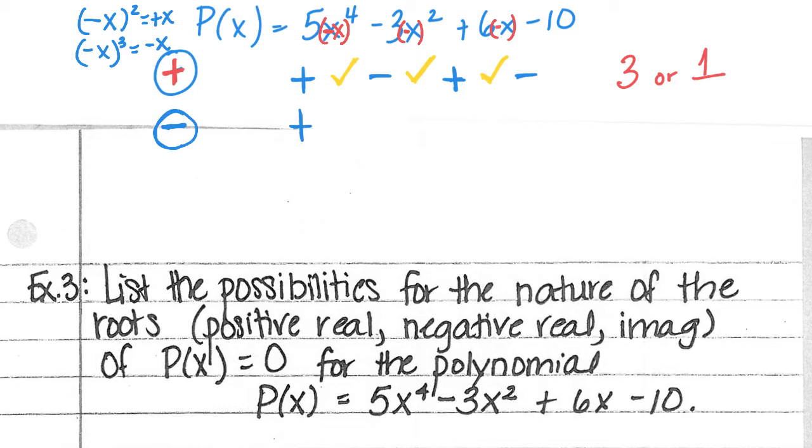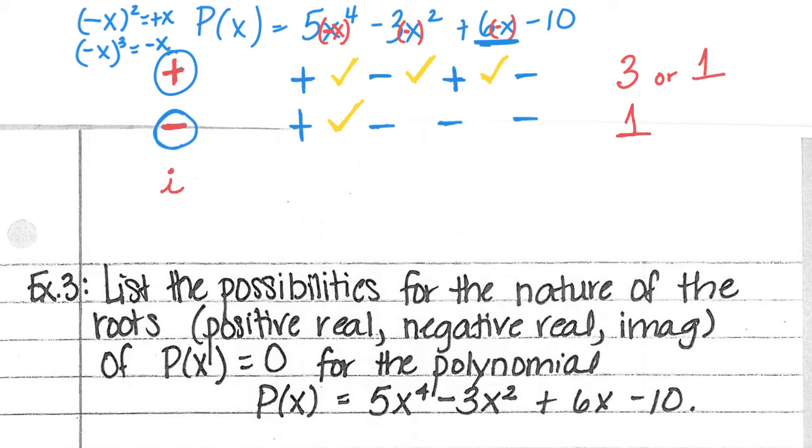The negative 3 times negative x to the second power is not going to change, because that negative x to the second power will still be positive, which makes that negative 3 times a positive still negative. But when I look at this one right here, that sign is going to change. Negative 1 times 6 is negative 6. And negative 10. So now how many sign changes do I have? I only have 1 sign change for my negative numbers.